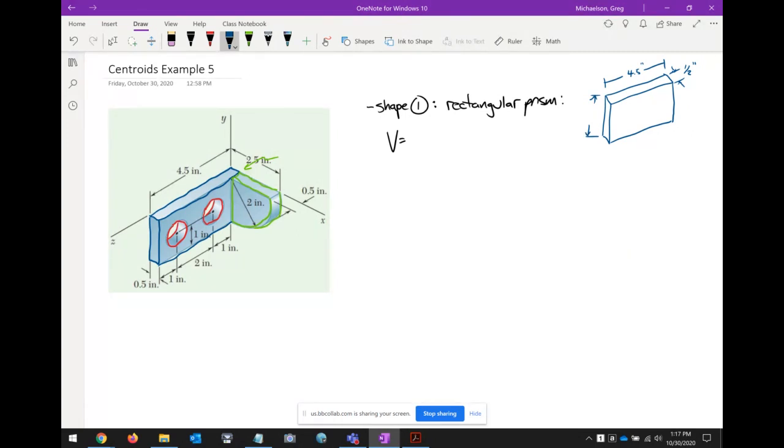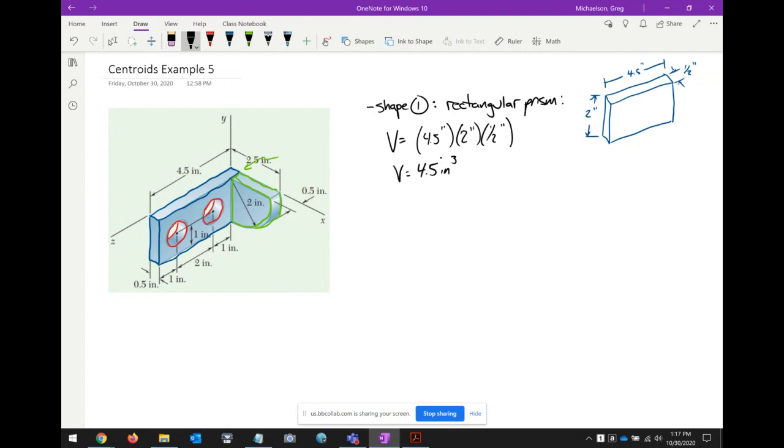And the easiest way to find that is to look at the semicircular region, right? Because the semicircular region has a radius of 2 inches, which means that this is 2 inches as well. So the volume is 4.5 times 2 inches times a half an inch. So the volume is 4.5 cubic inches. Okay, so that was exactly right.